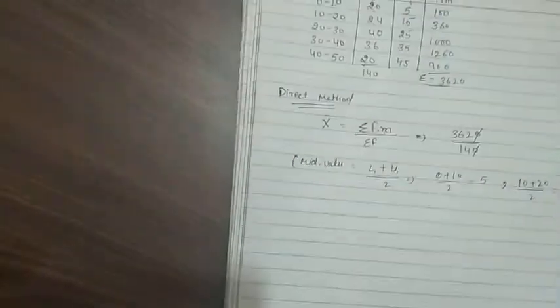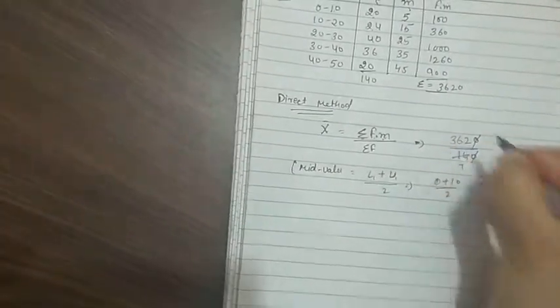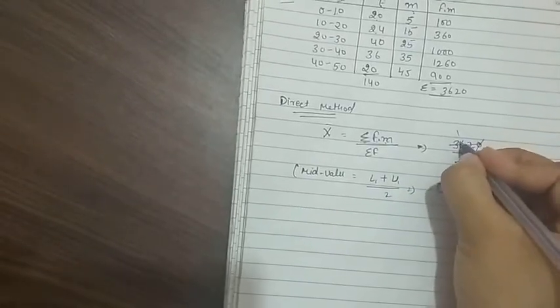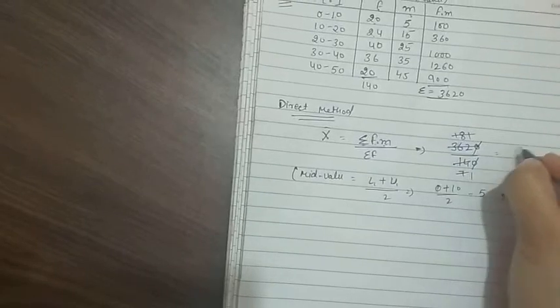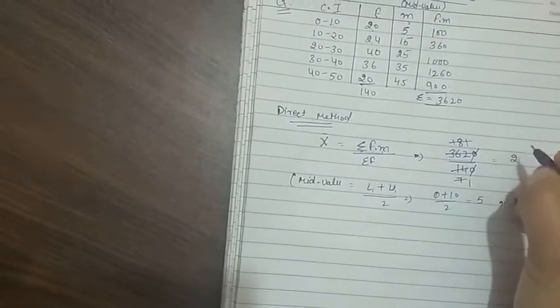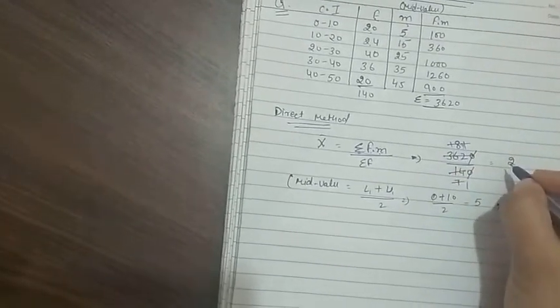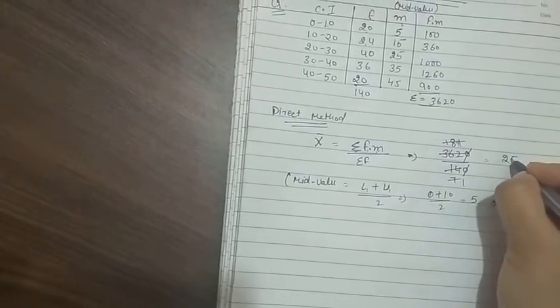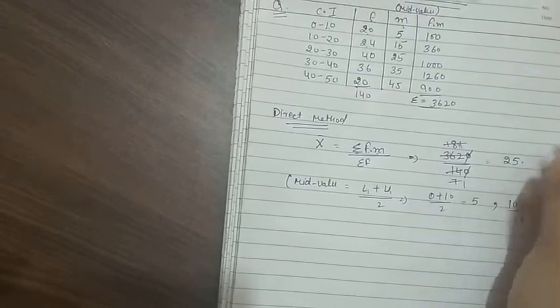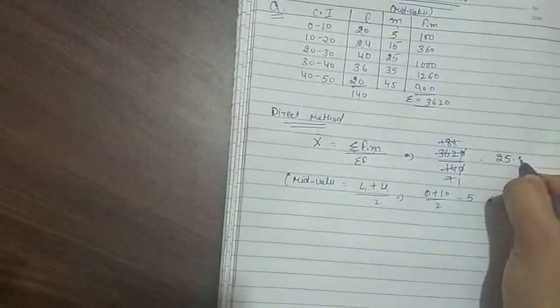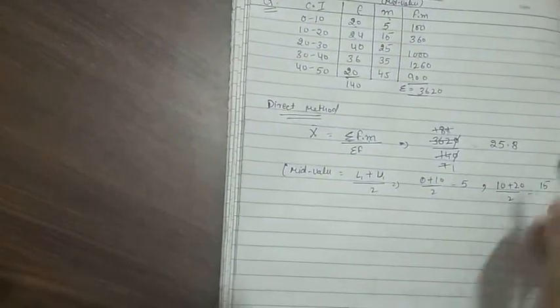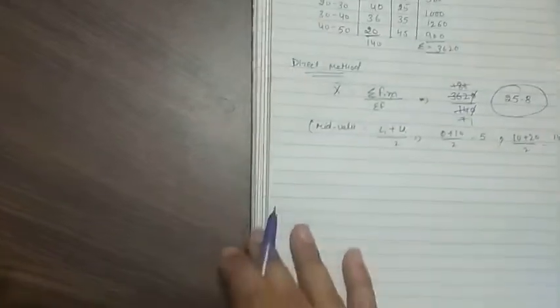Dividing step by step, we get 25.8. Here is the answer.